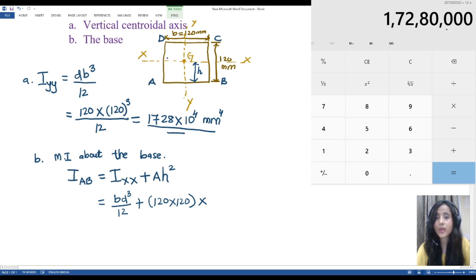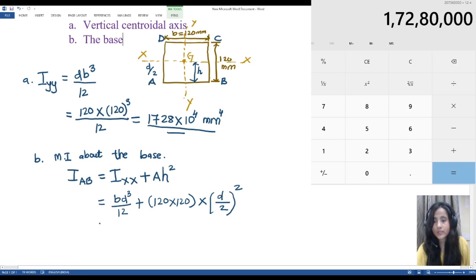Since it is a square and the axis is running in between the section, my height here is equal to its depth d divided by 2, its whole square, right?